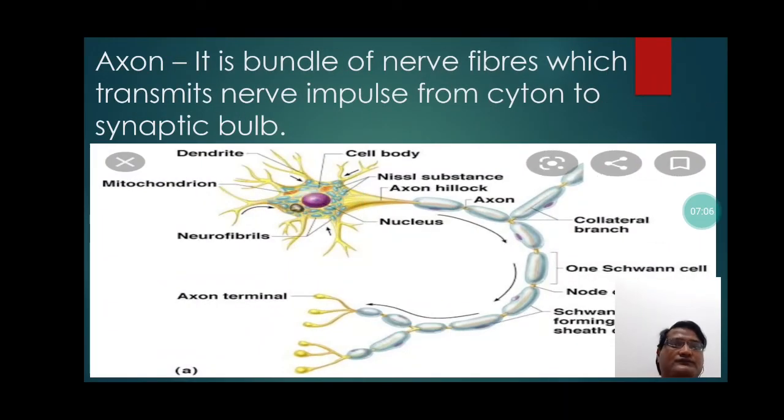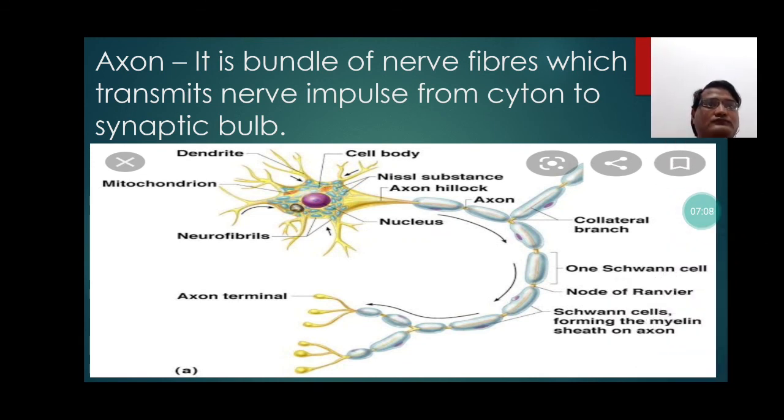Axon, it is bundle of nerve fibers which transmit nerve impulse from cyton to synaptic bulb.